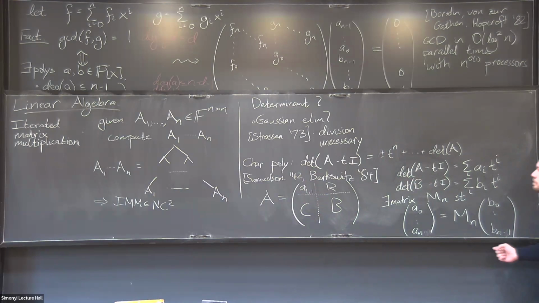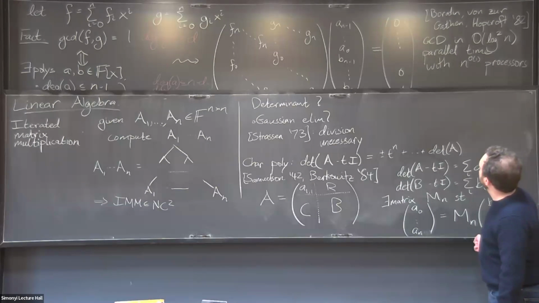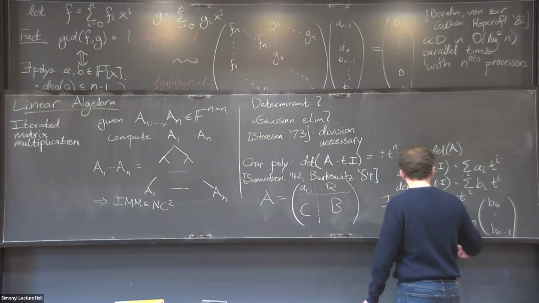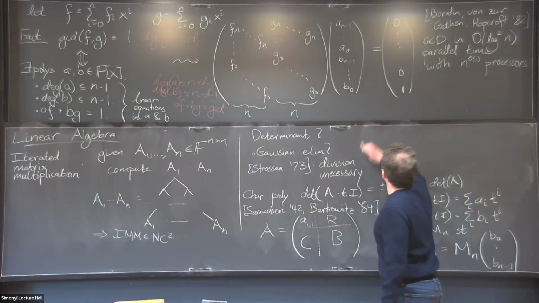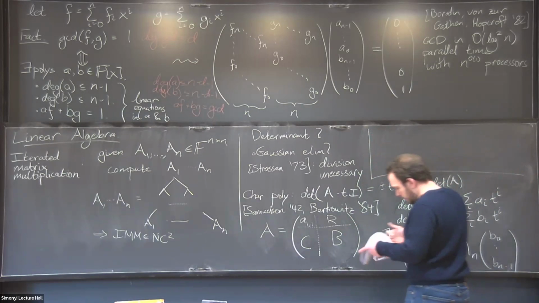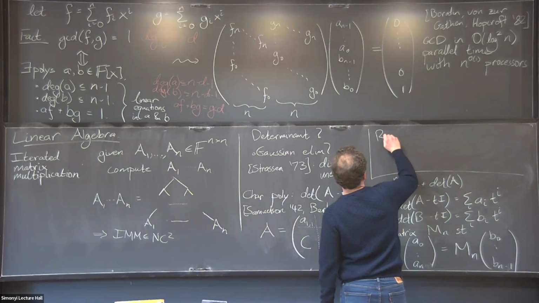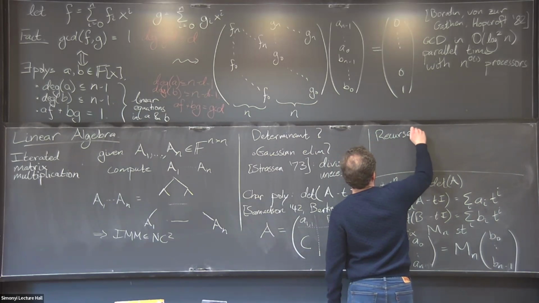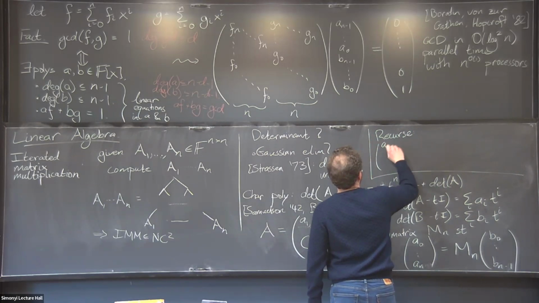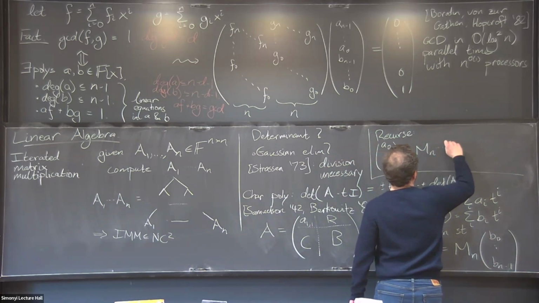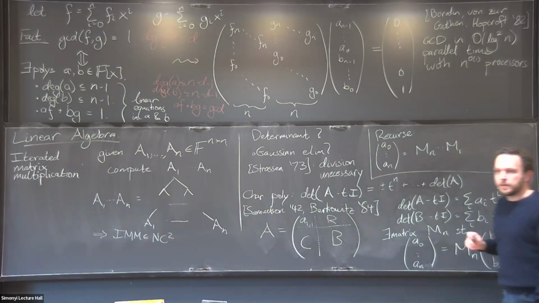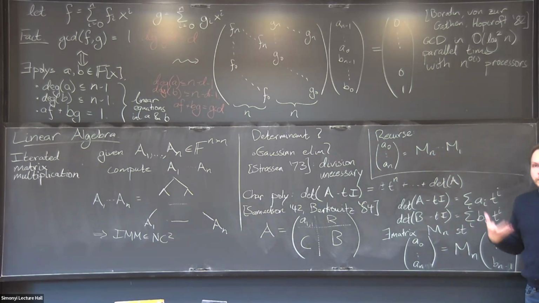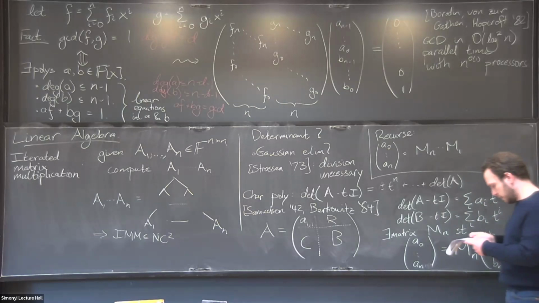But the point is, where do I want to go? Well, finish this thought here. The point is, now you can recurse. You can write the characteristic polynomial of A as an iterated matrix product, where every one of these matrices you can compute quickly in parallel, at which point you compute the product in parallel.